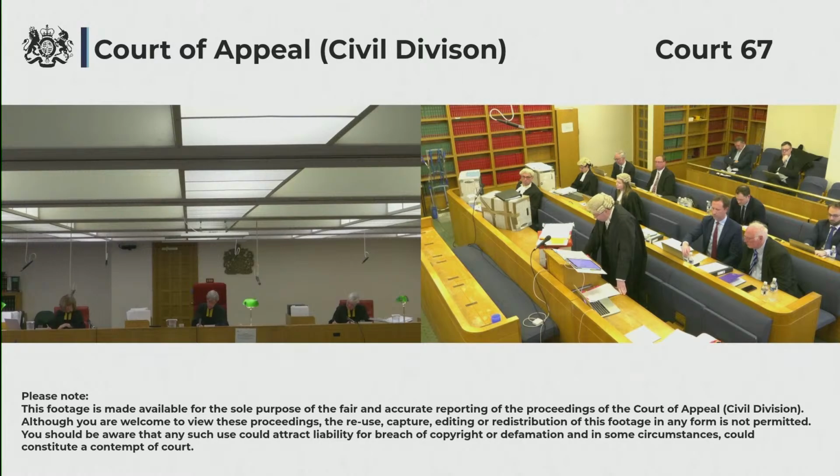So if the mistake in the return is not including a claim, there shouldn't be any difficulty in simply concluding under paragraph 51 that tax has been overpaid because the necessary claim was not made in the return, and that constitutes a mistake.